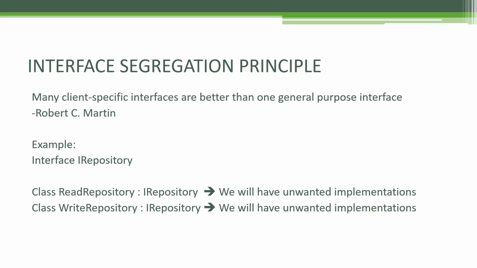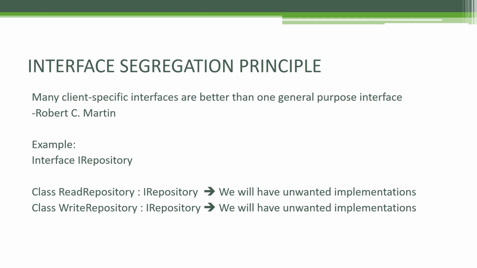I'm going to create an example. As a preview, I'm going to explain before starting my coding. Just imagine you have an interface which has your reading and writing methods, all of them. But you have two different classes, class library, implementing these, a repository, and as a result, these two classes will have unnecessary throwing exception methods.